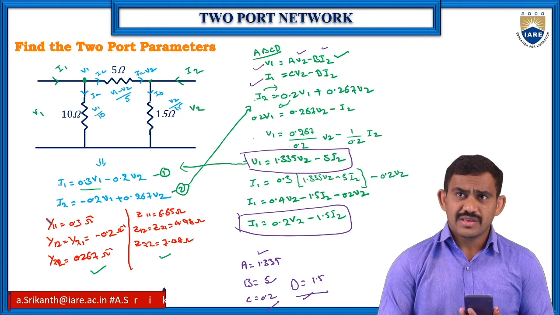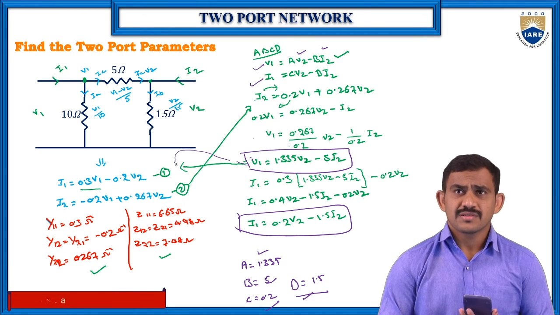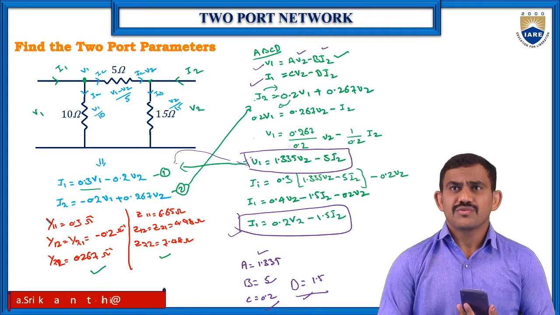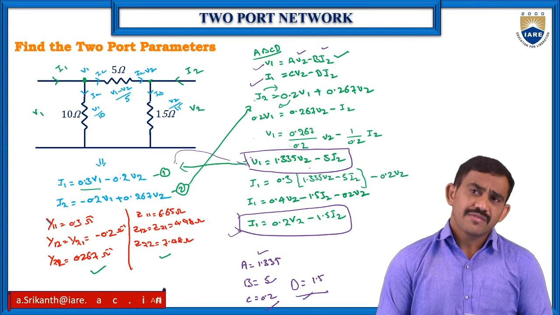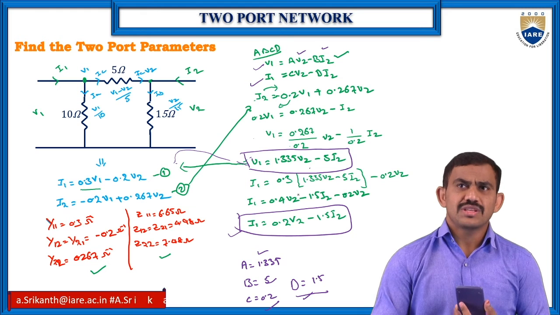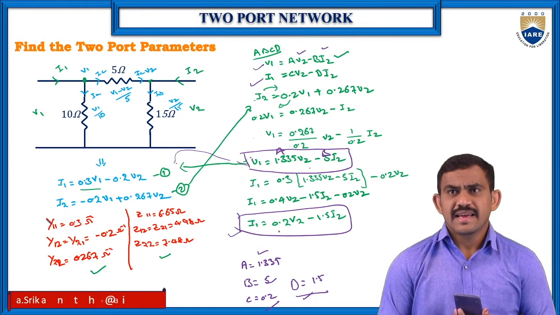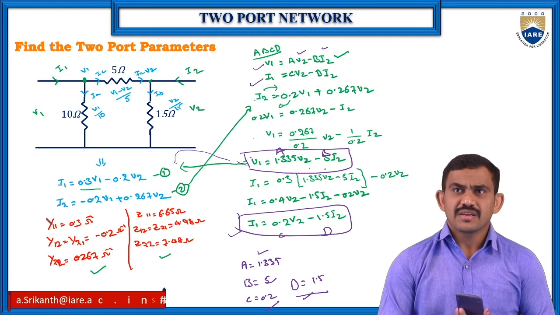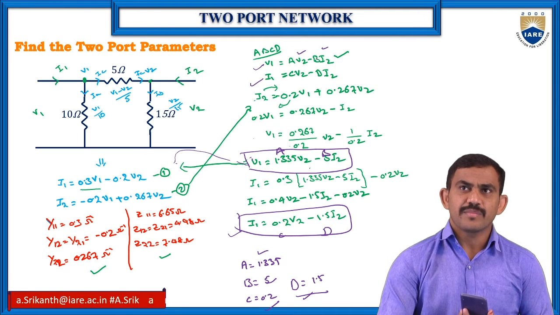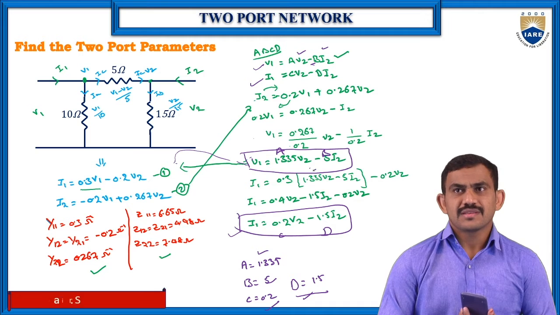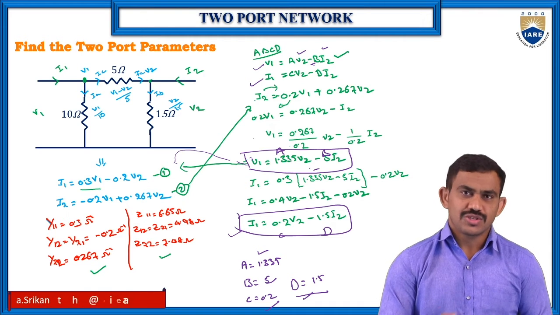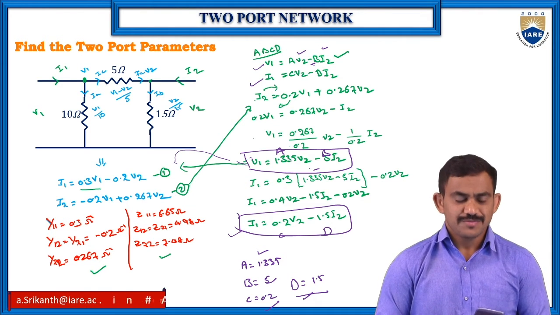That V1, substitute in equation number 1, so we'll get the I1 value also. So V1 in form of V2, I2, and I1 in form of V2, I2. Then compare both the equations. So this is your A value and this is your B value, and C as well as D values. When we compare, we have a minus here and also a minus there. So both minus means we will get the B value as positive only, not a negative value.